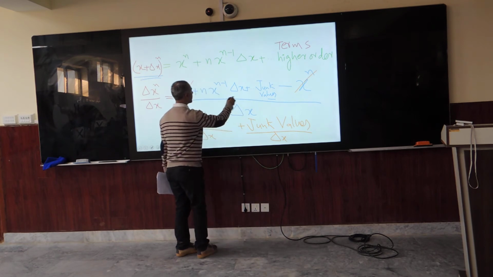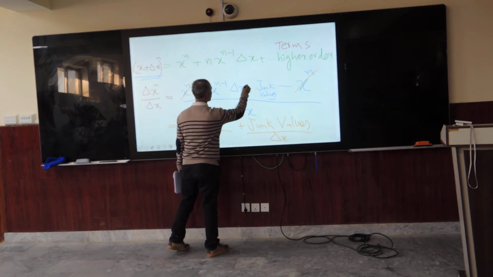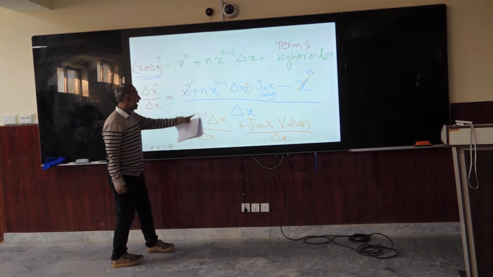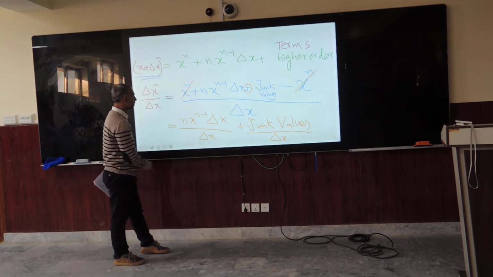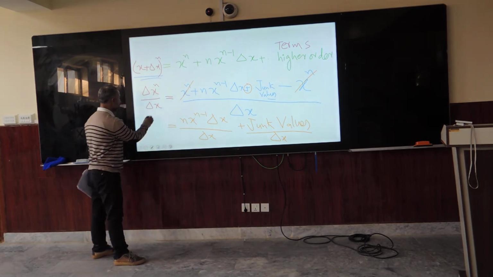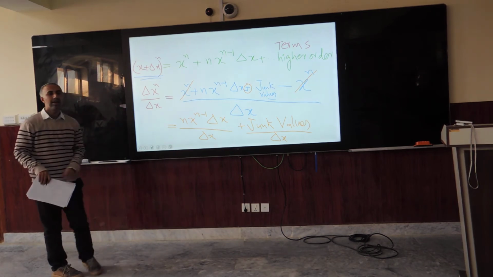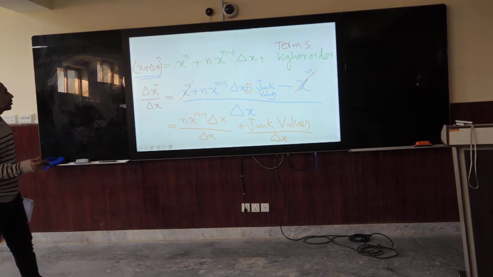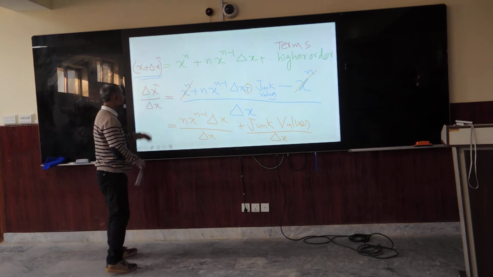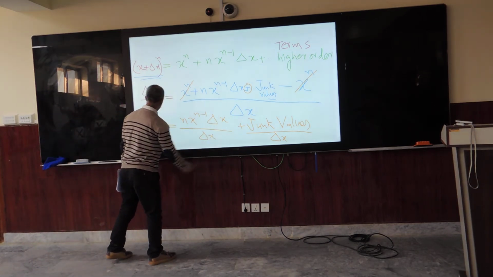I split this one. The first one cancels, and we split the above portion into the two. Now we have this as it is. Now we need to apply the limit, delta x approaches 0, on our left hand side as well as the right hand side.